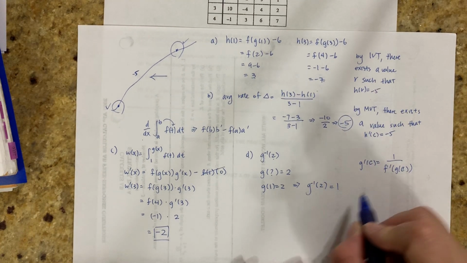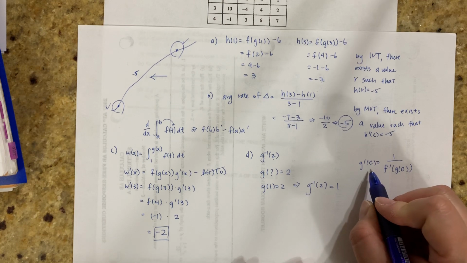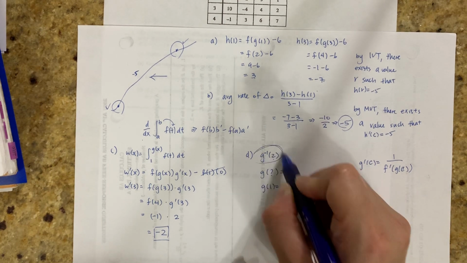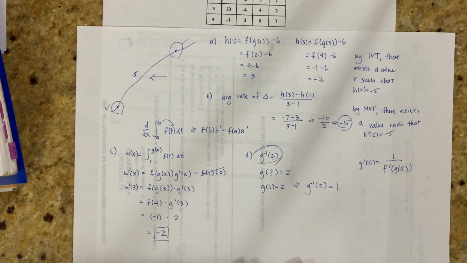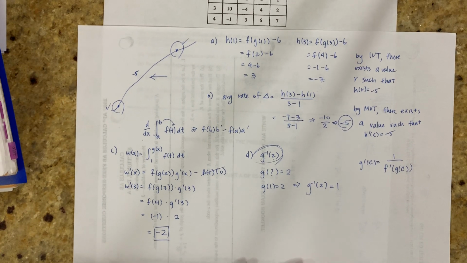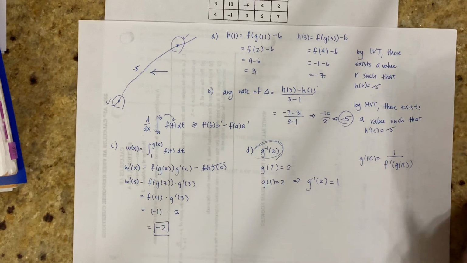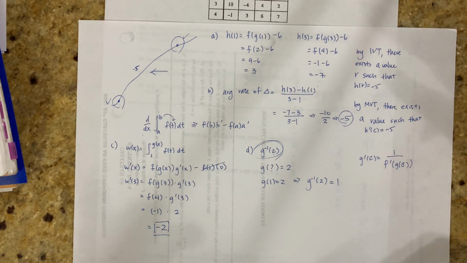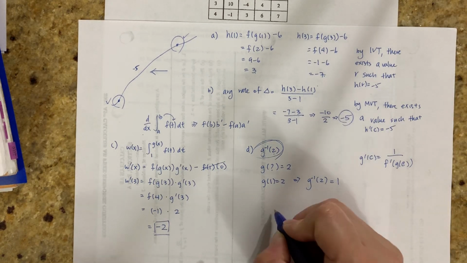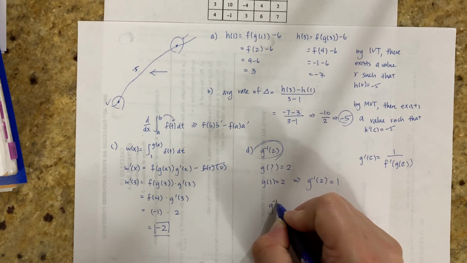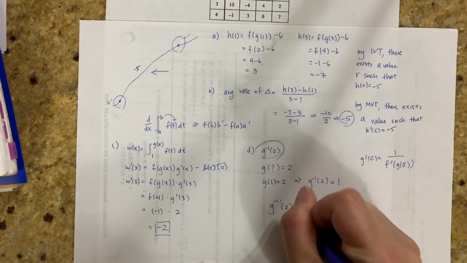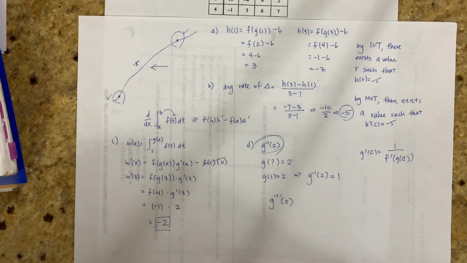Okay, so if we want g inverse prime of c, we want the derivative at 2, and that's equal to 1 over g prime of g inverse of c. It's going to be a little bit tricky because we're using a lot of g's in here. All right, so let's see if I can write it correctly. I want the inverse prime of 2.